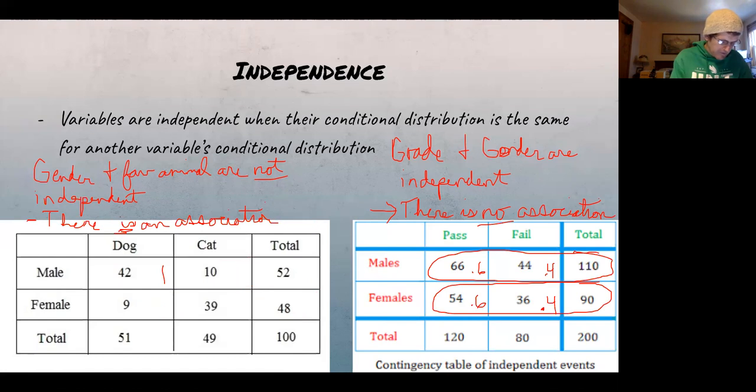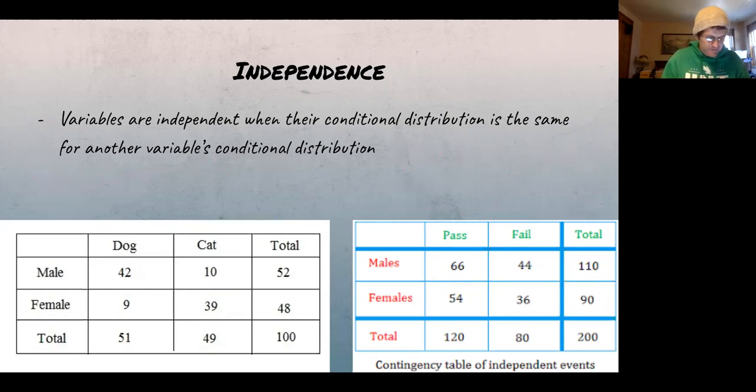If this was 0.64 and 0.36, and this is 0.67 and 0.33, that's close enough that you could say they're probably independent. If it's close enough, they are independent. And I can't really determine favorite animal from gender.